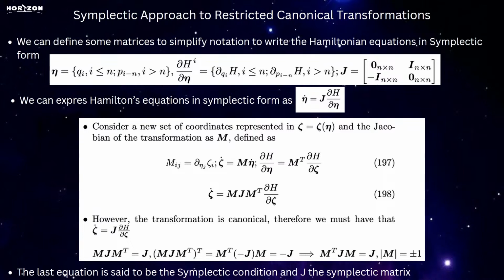This condition basically defines canonical transformations itself, and we can also find that the determinant of M is plus or minus 1, which says that the differential volume elements are invariant under coordinate transformations, which means the differential volume elements do not change when we do a coordinate transformation. It is also important to note that we are only doing this for restricted canonical transformations.